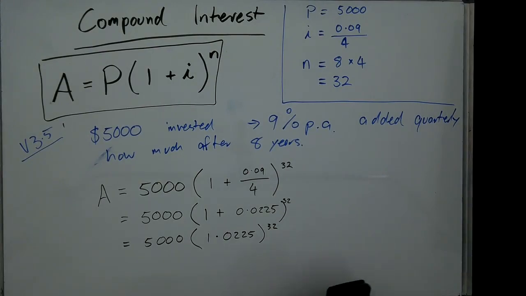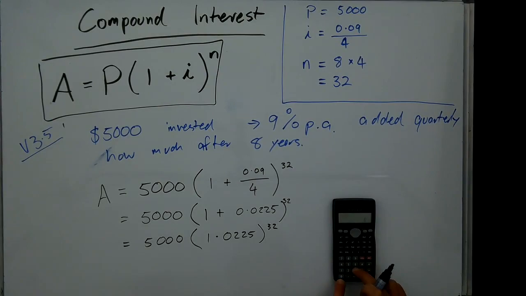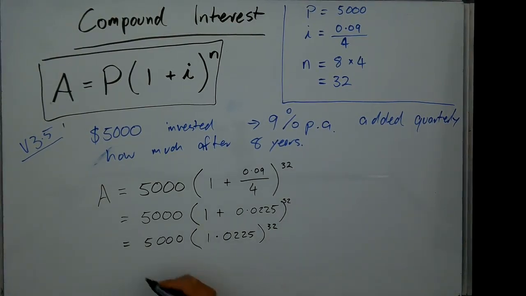So now I'm going to type in 1.0225 to the power of 32, press equals, and then multiply it by our principal. So finally, after 8 years, we have $10,190.52.